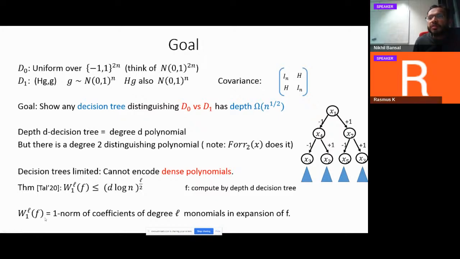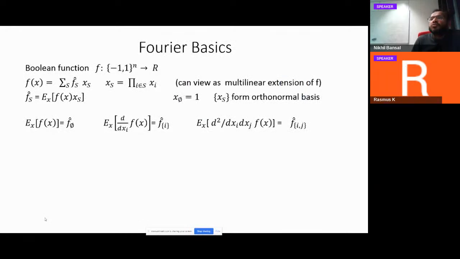Okay, so let's make these things a bit precise, and let me do some very basic Fourier analysis, which we'll need. If you are given any Boolean function on -1, 1 to the n to some real value, we can write it in the Fourier basis, in the monomial basis. And these f hat S are just the correlation of f of x and this parity function.